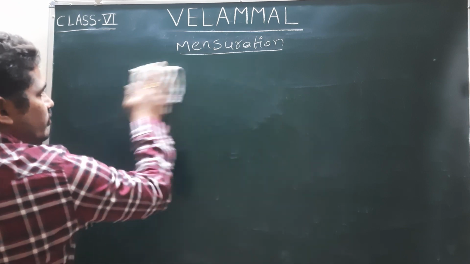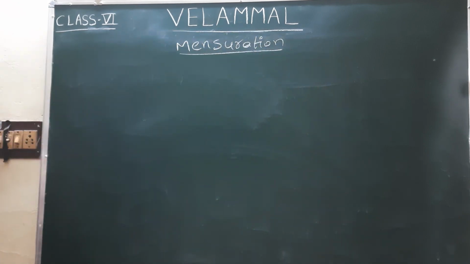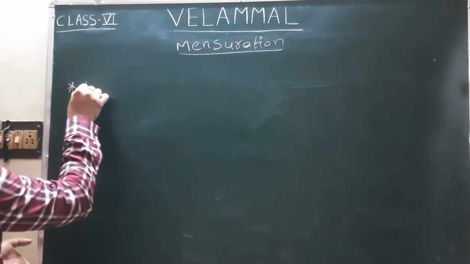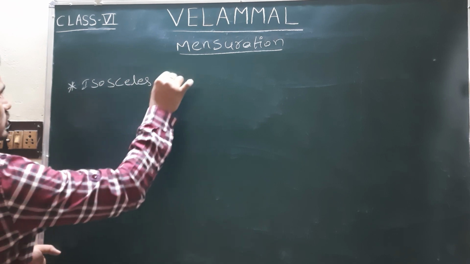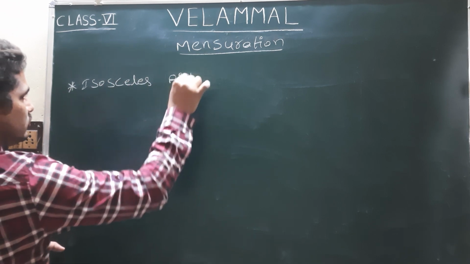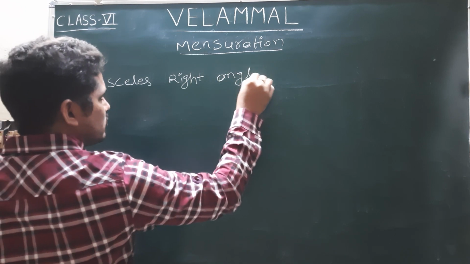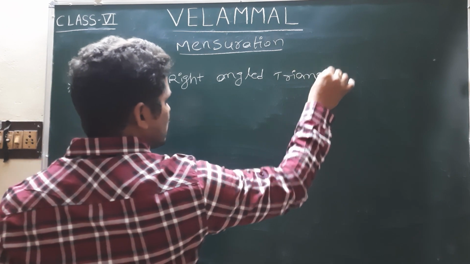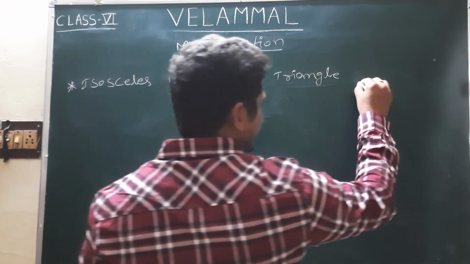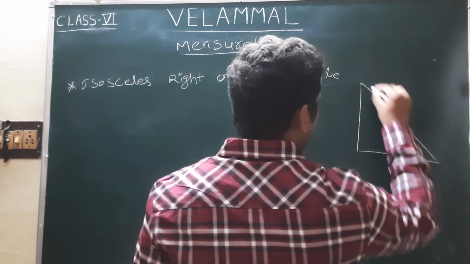Next we have one more type of triangle, that is the isosceles right angle triangle. In this, one right angle will be there.